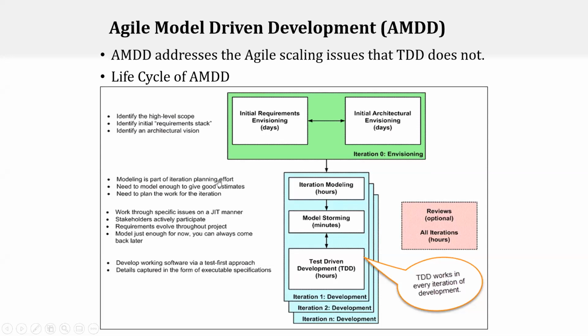Whenever you implement agile concepts, it is iterative in nature. An agile concept cannot get a final successful product in one single iteration. It is not possible. So whenever you implement agile, you are doing an iterative process, and you do all this in a JIT manner. What is JIT? Just in time.